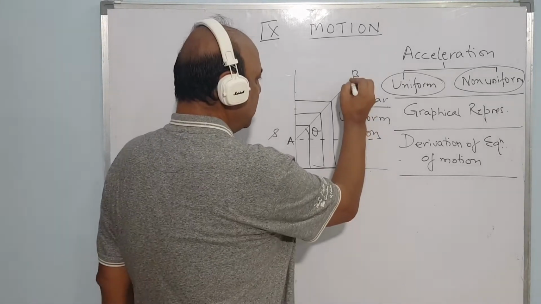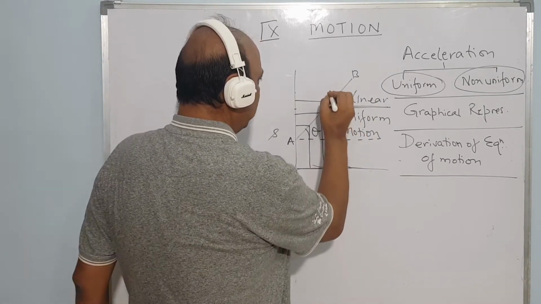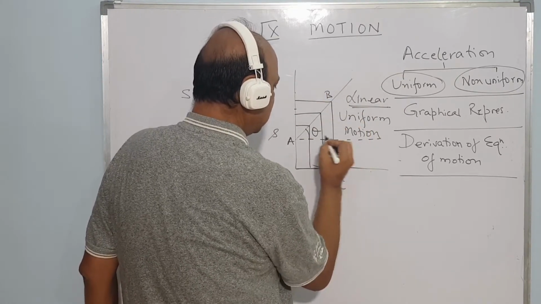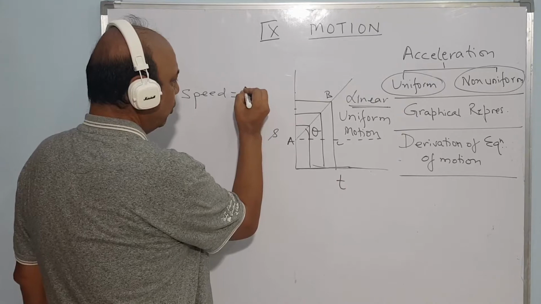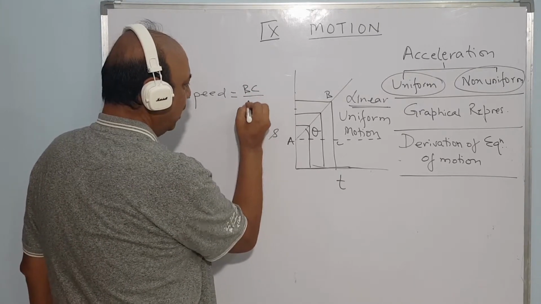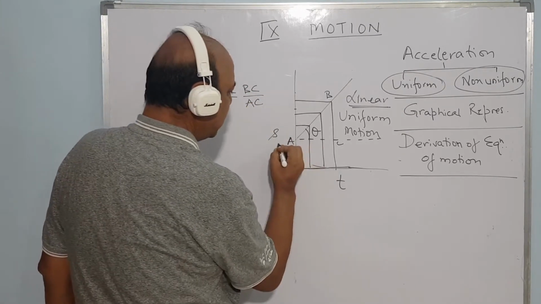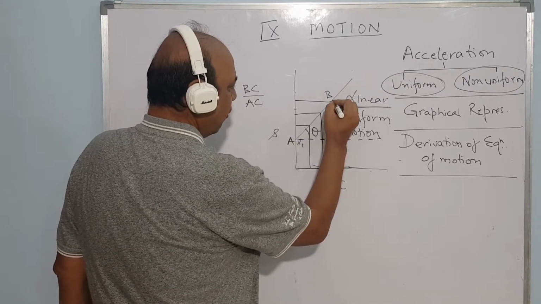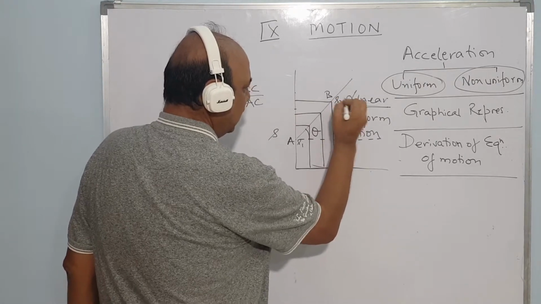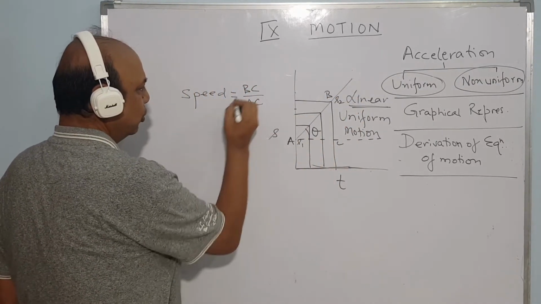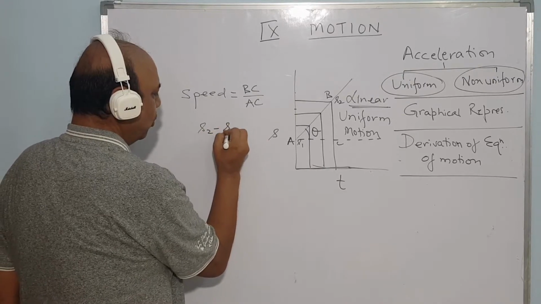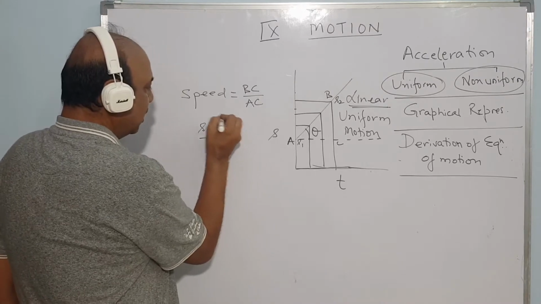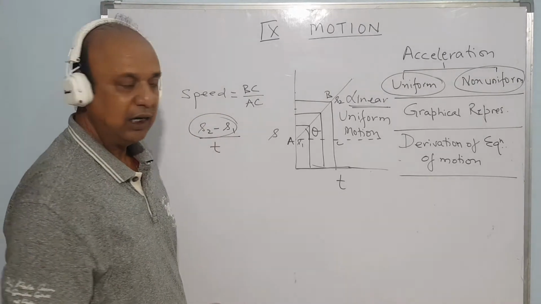Speed is equal to how much? Okay, let me call this as B, this as C. Speed is equal to BC upon AC. If my initial distance is say S1 and at B the distance is S2, so this becomes S2 minus S1 upon T, or this is the actual distance traveled in that time frame.